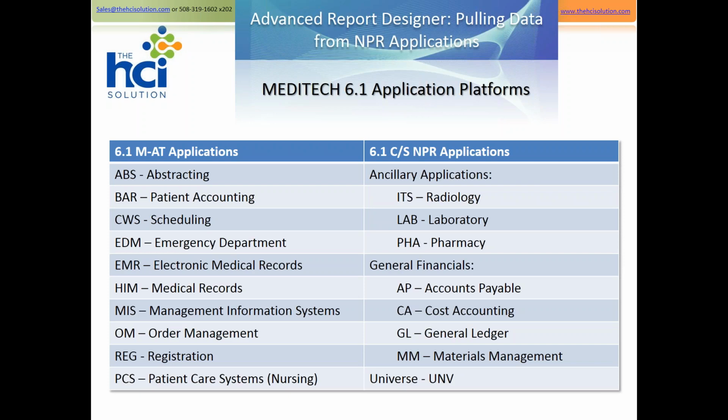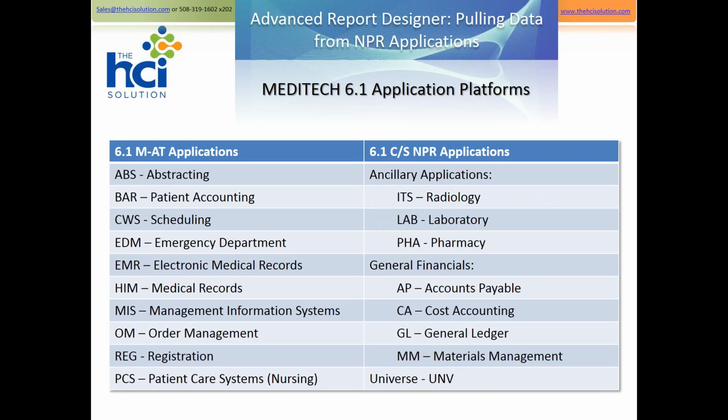On the right-hand side of the table, you'll see the list of applications that are still written in client server NPR. Those are all the ancillary applications like lab, ITS, and pharmacy, and the general financials: accounts payable, cost accounting, general ledger, materials management.